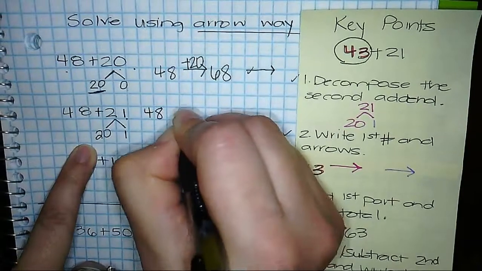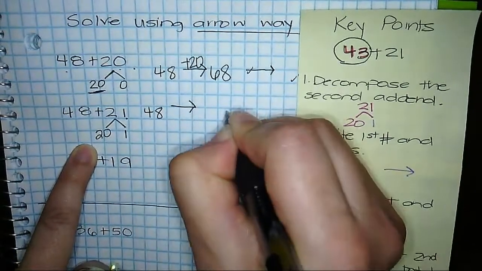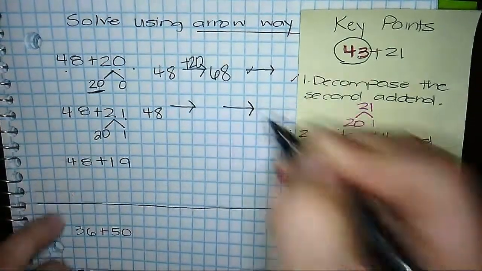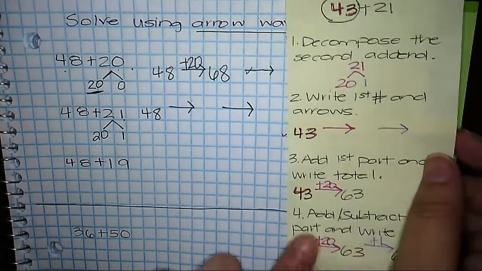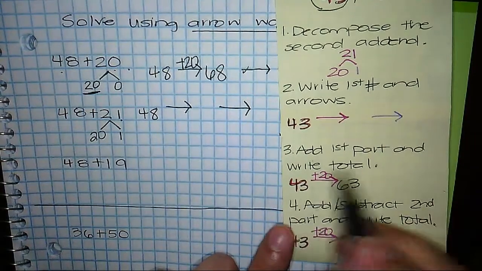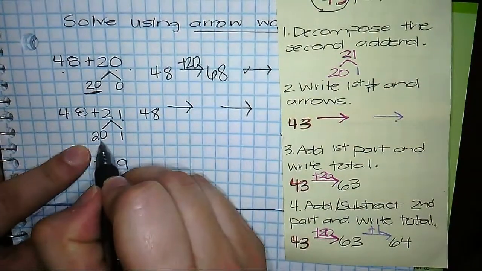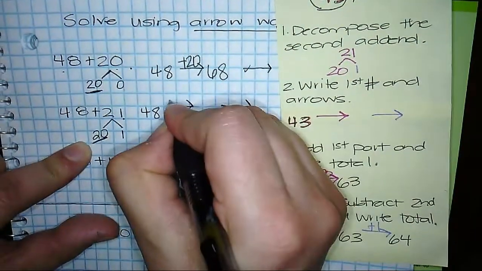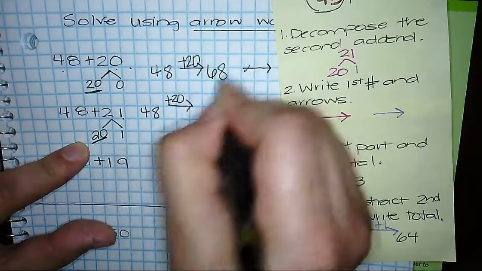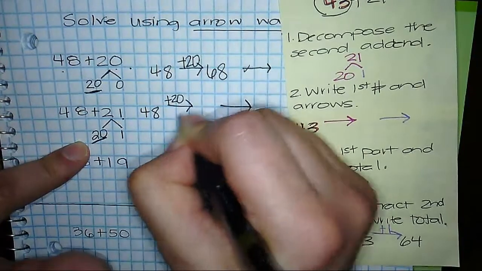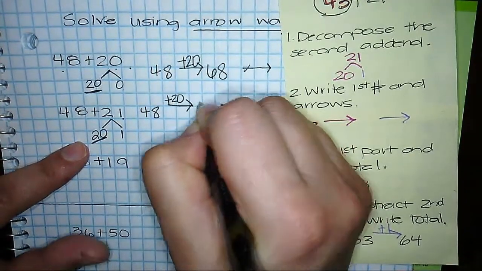Remember, there are 2 parts, so I draw arrow number 1 and I leave space, and arrow number 2. Key point number 3 says add the first part and write the total. This is the first part, the part that goes here, plus 20. And we actually already solved it, so we know that 48 plus 20 is 68.